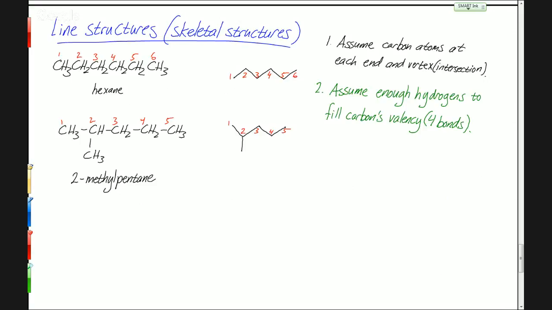And then our last rule is that other atoms that are not carbon and not hydrogen don't get abbreviated.